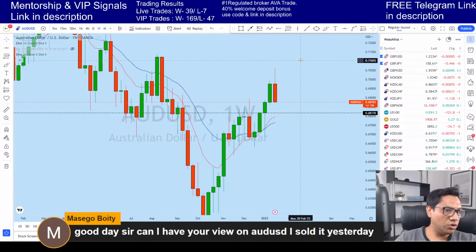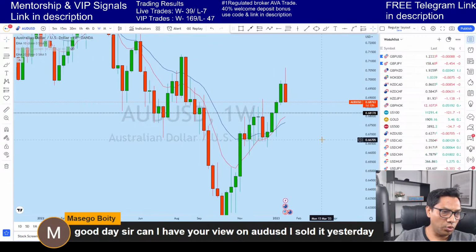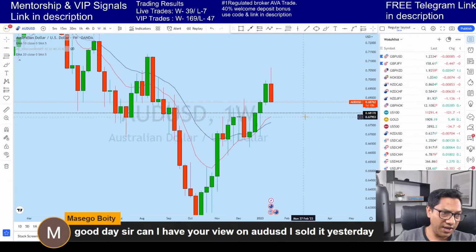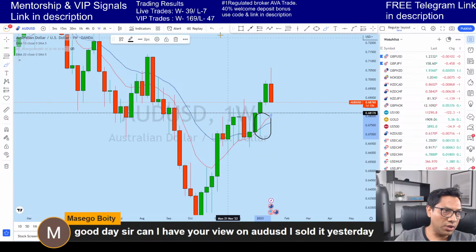From that zone, if we look at the weekly, there is a doji here on the weekly, which is a high liquidity zone. There is a pin bar here on the weekly that has a long wick and has grabbed liquidity from this bottom, and with that weekly candle AUD USD has created this impulse. Now it is in a correction.